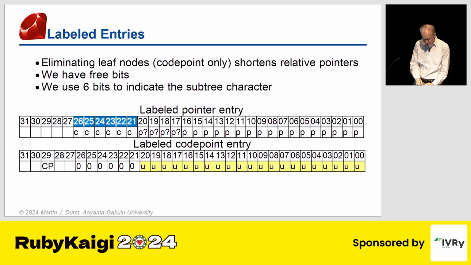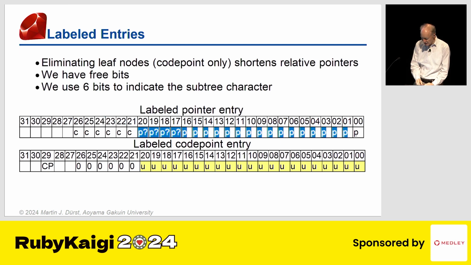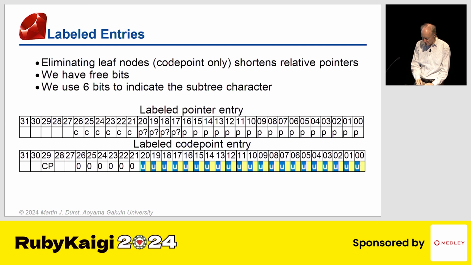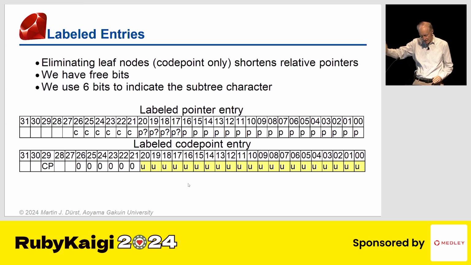We have reduced the pointers here to 21 bits, and the code point is also 21 bits, so we can use these 6 bits to say which direction it is, and we can distinguish the two with this code point bit here.